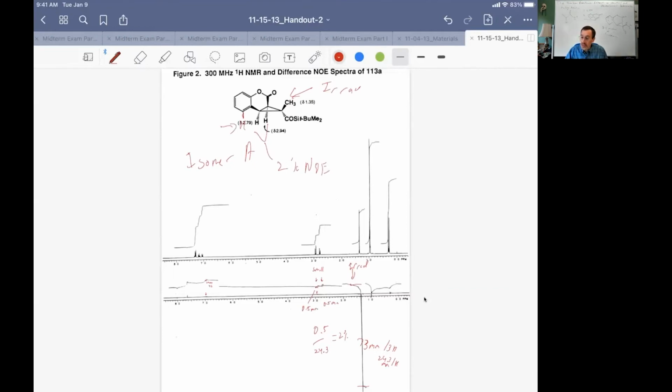And that hydrogen, although I've drawn it far away, is on the same side as the methyl group. And so if I only had this diastereomer and I look carefully, I'd say, wait a second, I don't think it's the one where that methyl group is cis to the hydrogens. I think it's trans. But having the two sets of data together, it's incontrovertible which diastereomer is which.